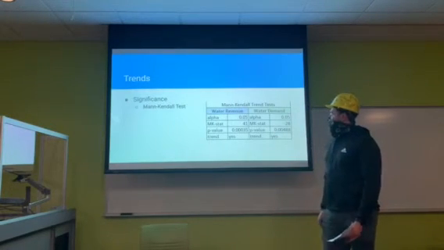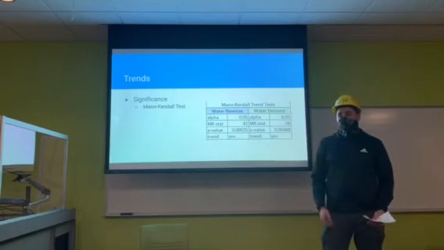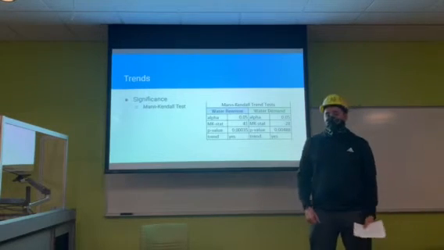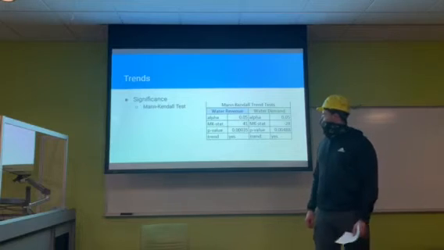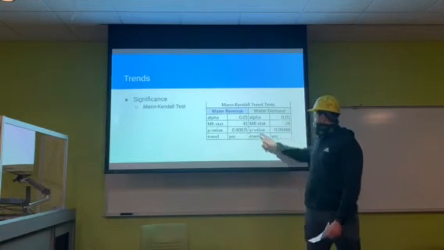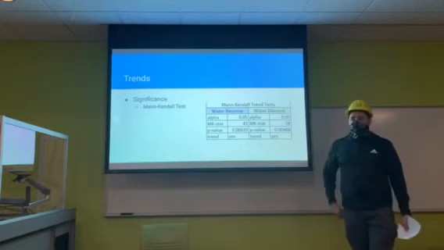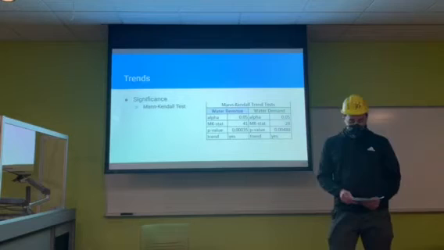We found in our data that the water revenue was trending upwards, which means that each year it was increasing. And we found that the water demand for the Springfield water system was decreasing each year. Both of these trends were significant because the p-values were less than 0.01, which means that the trends aren't really an accident and that there's some value behind them.